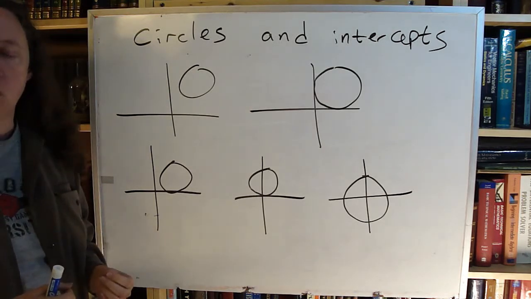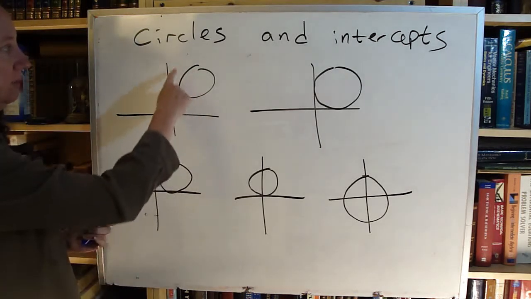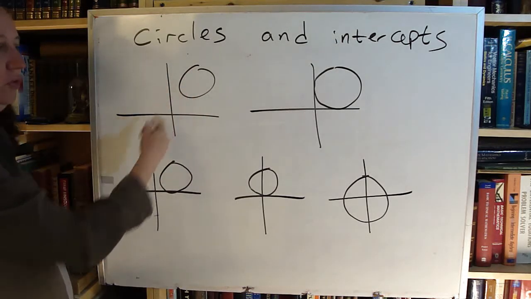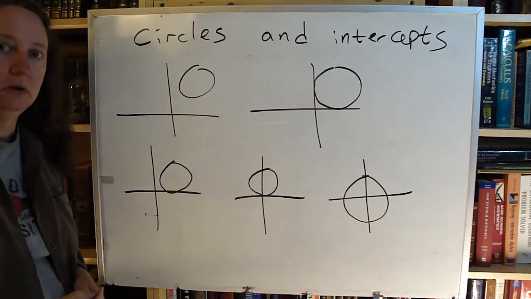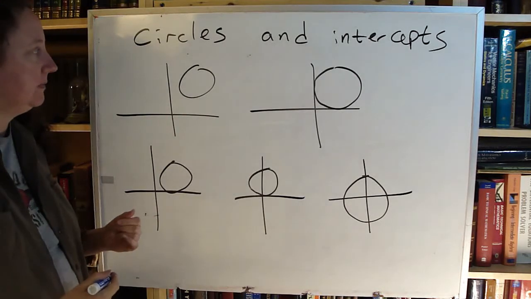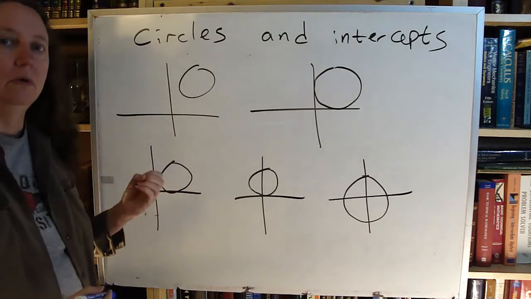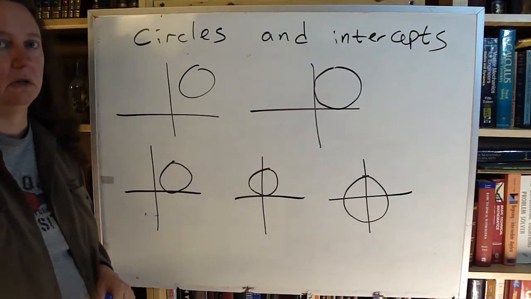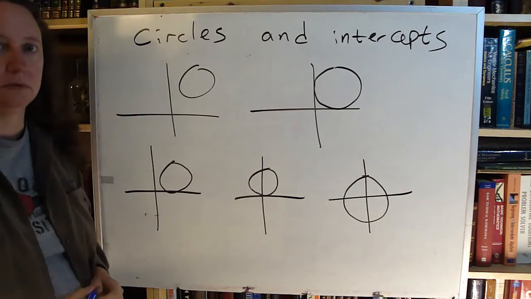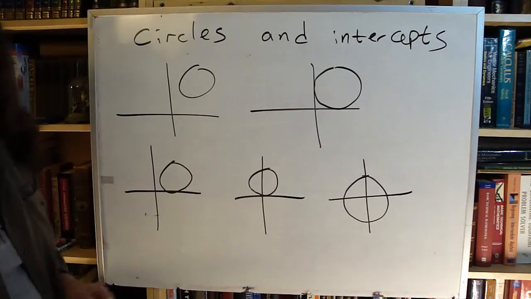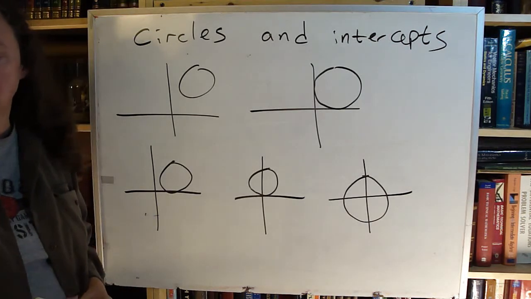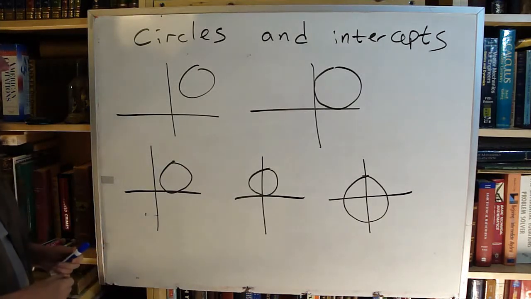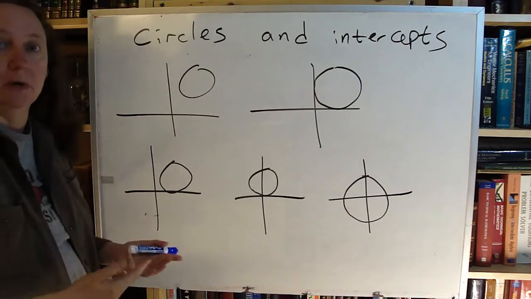Must they have y-intercepts? There's my circle, there's my y-axis. The two never touch each other, but that is a circle. So no, circles do not need to have a y-intercept. What is the maximum number of intercepts a circle can have? What's the minimum number?